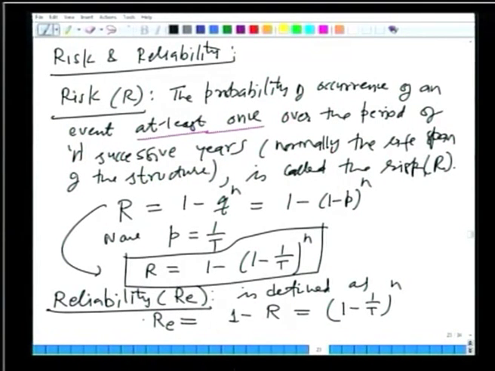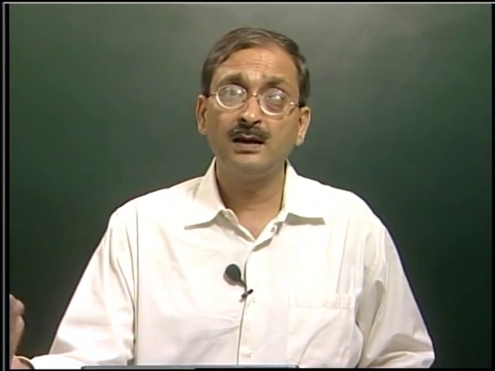So, this is your reliability of the project. So, if the risk associated with the project is 10%, what is the reliability? Reliability is 90%, because the sum has to be equal to 100%. So, they complement each other. Risk and reliability are defined in such a manner that one is 1 minus the other.